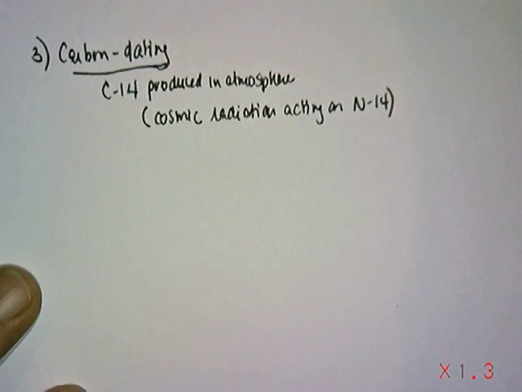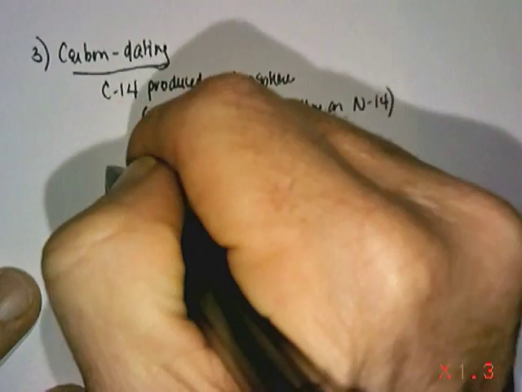When an organism dies, it stops absorbing carbon-14, and since the amount of carbon-14 in the atmosphere generally remains constant, you can estimate the organism's age. So let's do that.